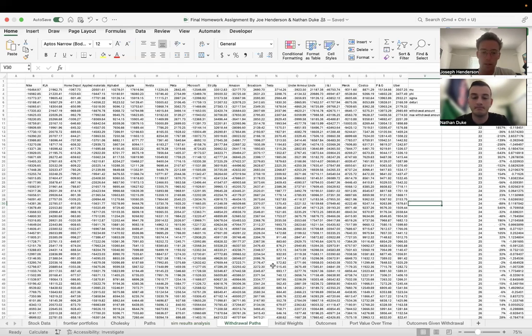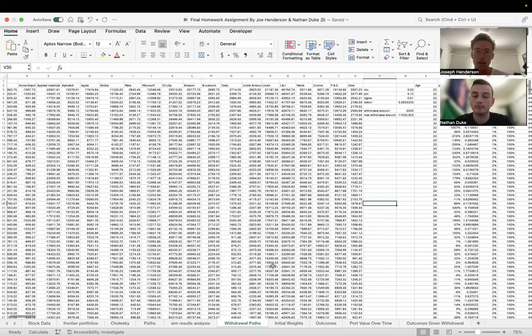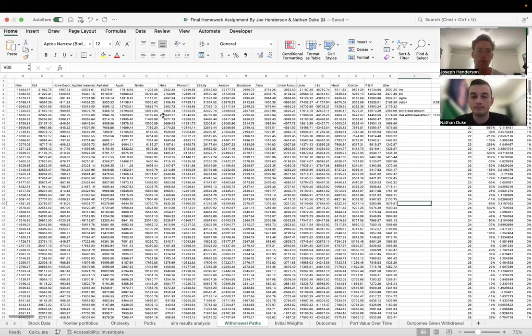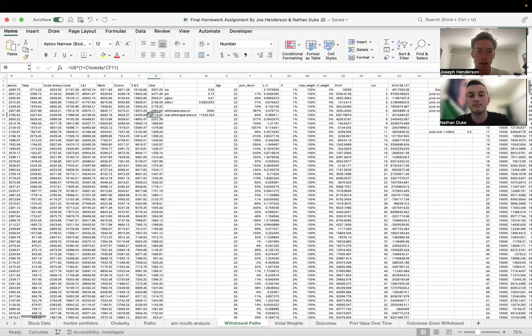Okay, so now moving into this very similar analysis, except now the client is choosing to withdraw parts of their account starting when they turn 50 in order to get some cash in the meantime as they wait for their investment to mature.